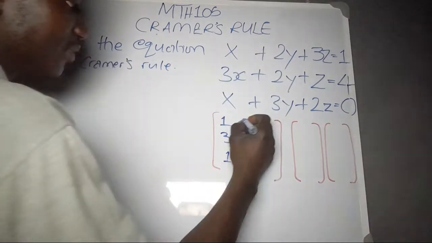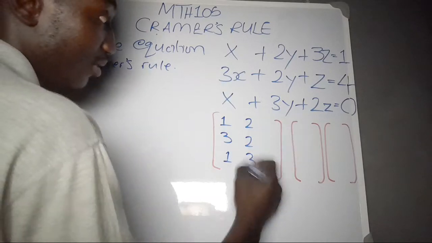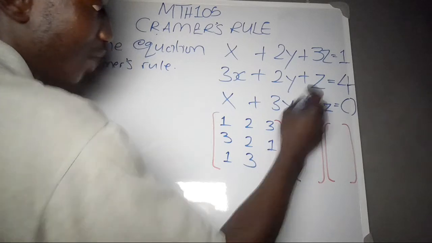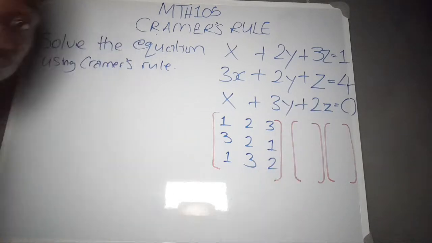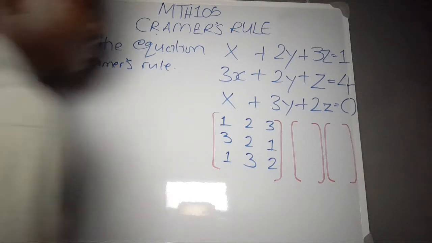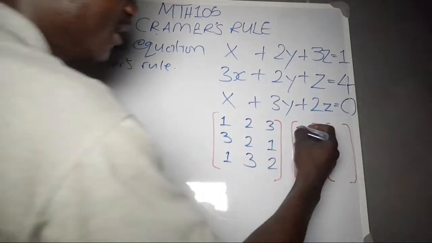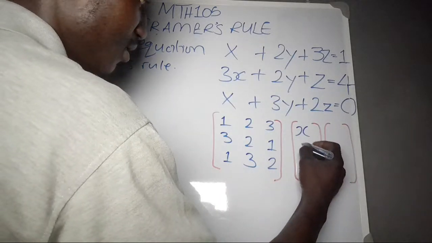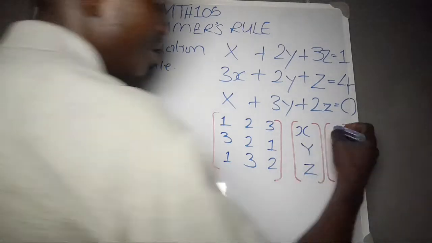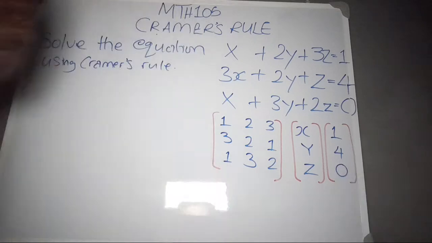So this 2 comes down, the 3 comes down. Then we have 3, then 1, then 2. Now we have x, y, z. Then we have 1, 4, 0.